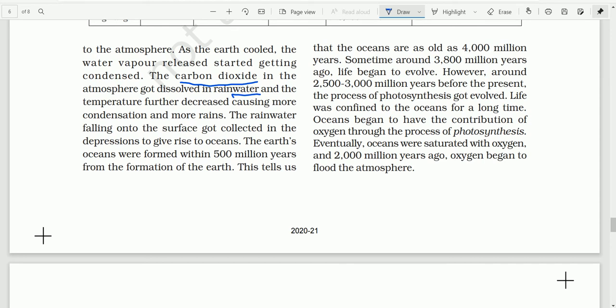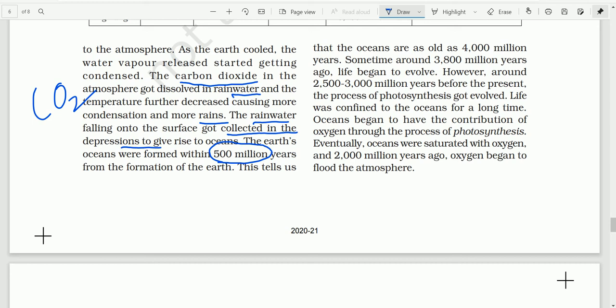Because of this absorption of carbon dioxide by rainwater, the temperature dropped further, and as I told you, the rainwater got collected into the depressions, and that gave rise to oceans, seas, and lakes. And you must know that the Earth's oceans were formed within 500 million years from the formation of the Earth.